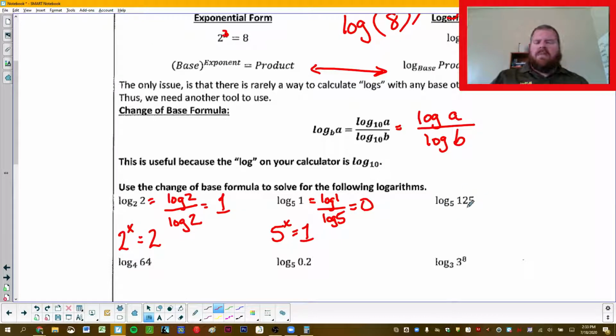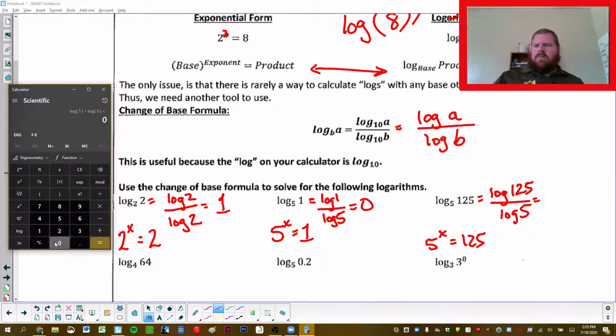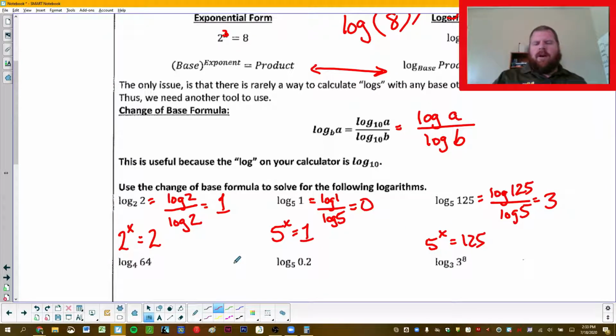Here's more of an interesting problem, still using the 5. This one is saying 5 to what power equals 125. Maybe you know it. Let's check it with the change of base formula. So I'm going to do 125, log that, divided by 5, log that. Hey, look, 3. And it does work out that 5 to the 3rd power is 125.